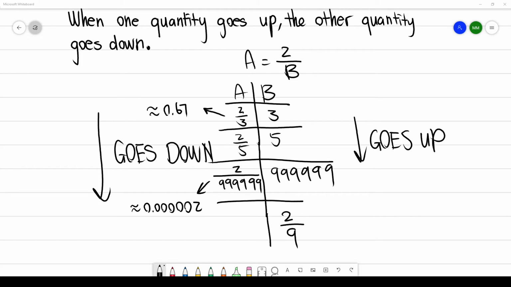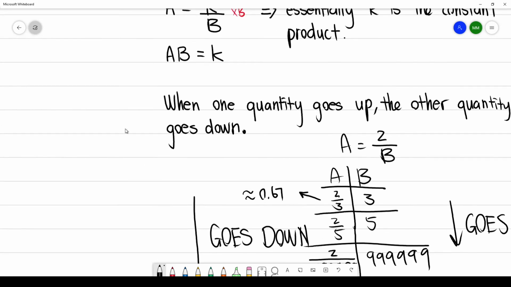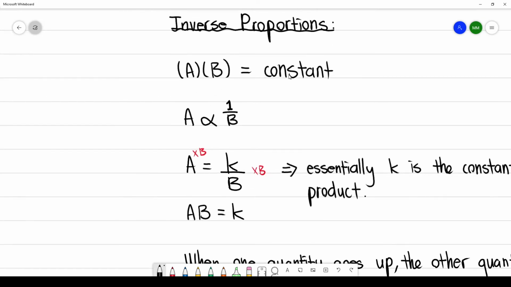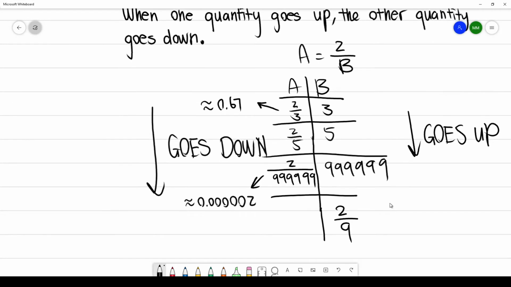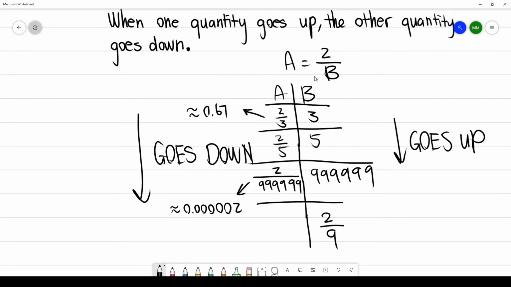Now, if this form looks confusing, maybe you can change it into this form as well: a times b is a constant. So what would be the constant in this case? I'm just asking the same question as what I have been asking last week in the homework questions.